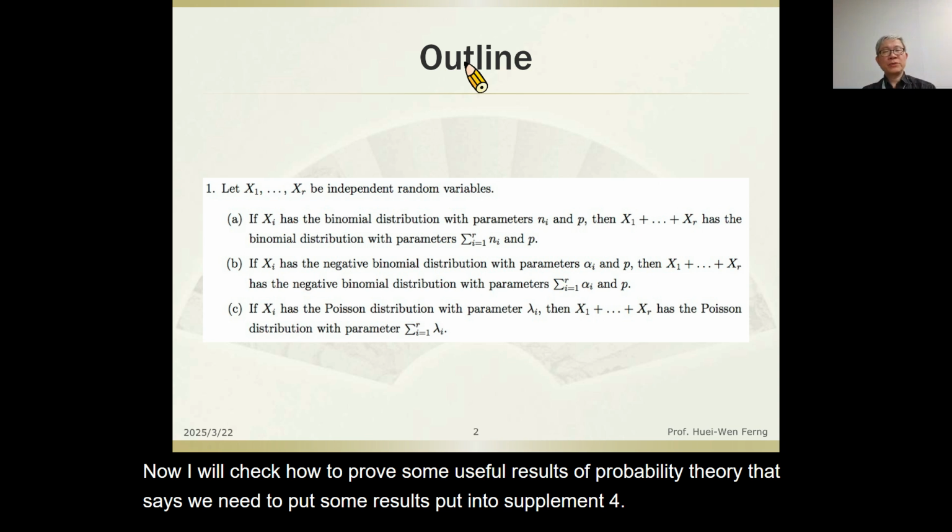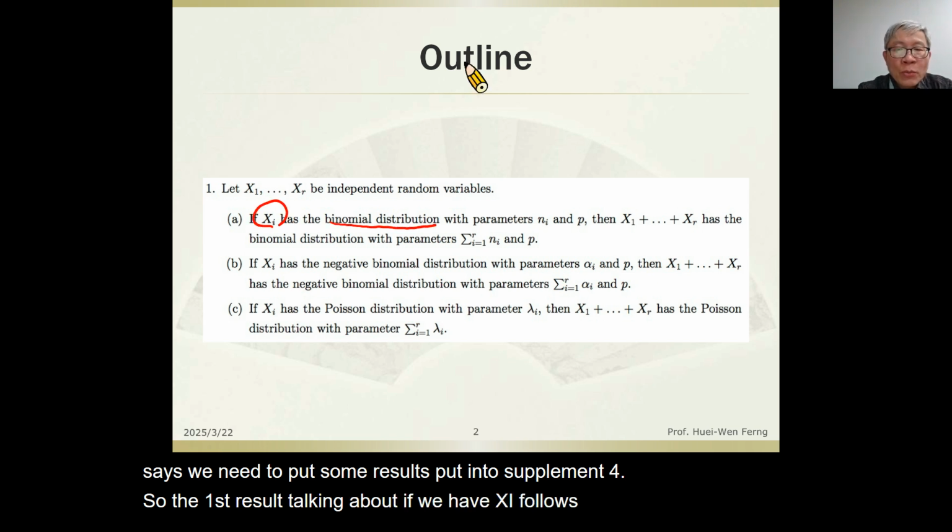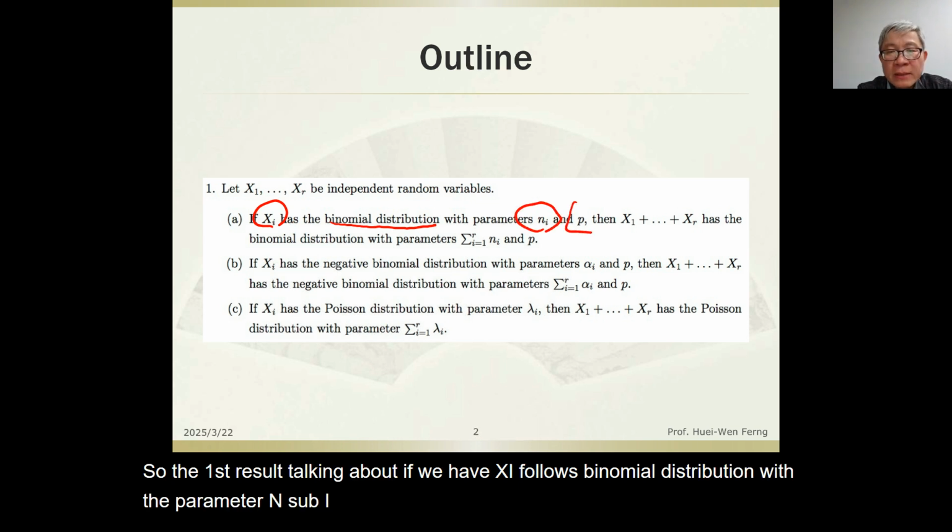Well, the first result is about when Xi follows a binomial distribution with parameter n sub i but a common parameter p.